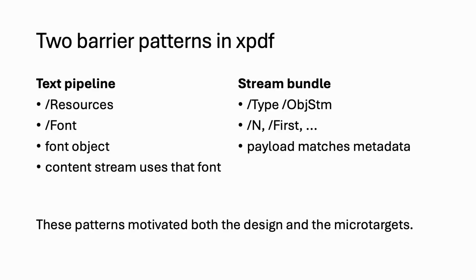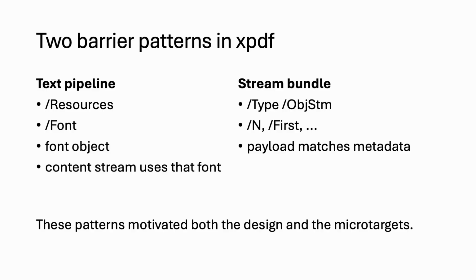And they're both similar, where as an example, the text pipeline usually has to bundle a page object, a resources dictionary, a font entry, a usable font object, and then that all needs to be used correctly by a content stream. And you can imagine that for all of these to line up perfectly is very rare, and that's why the fuzzer has a hard time getting past these conditionals.